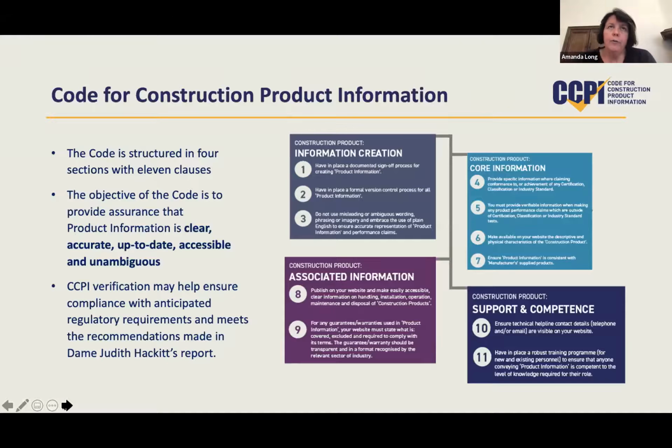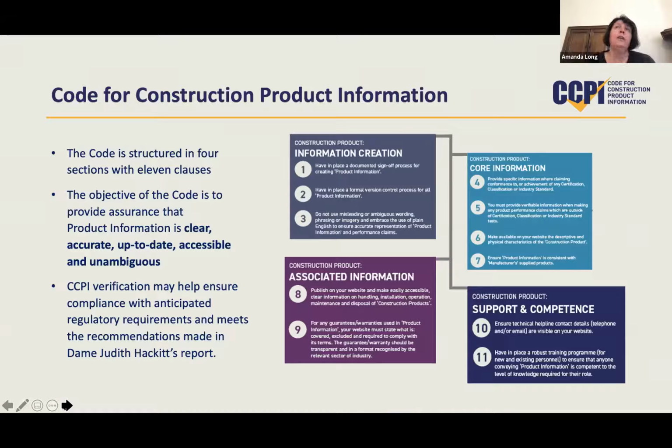So the code and the verification process seeks to address the findings that came out of Dame Judith Hackett's report, and the anticipation is very much that CCPI product information verification will also help meet compliance with some of the anticipated construction product regulation that's coming out.